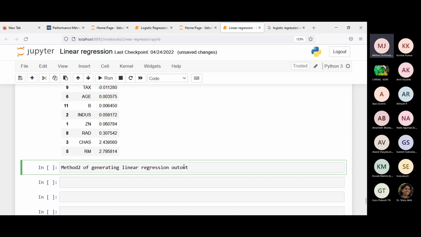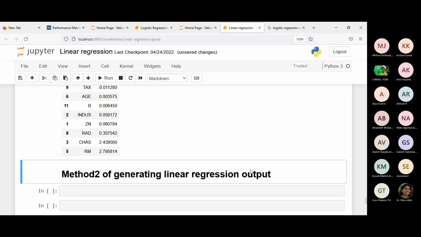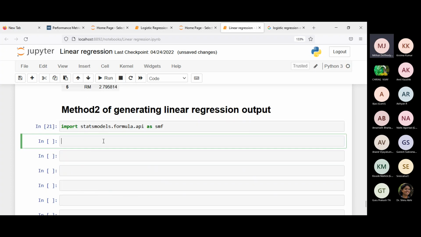This is just a quick and dirty way of getting the regression output. For this, as before, we can just use statsmodels.formula.api.